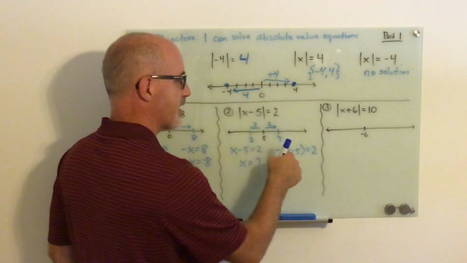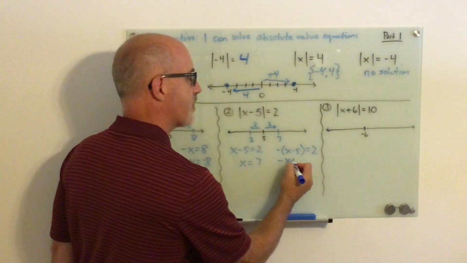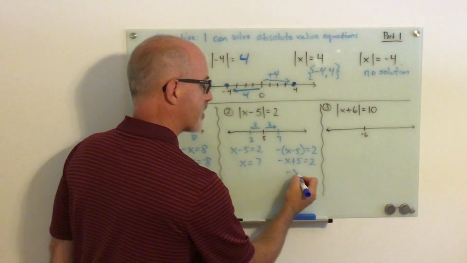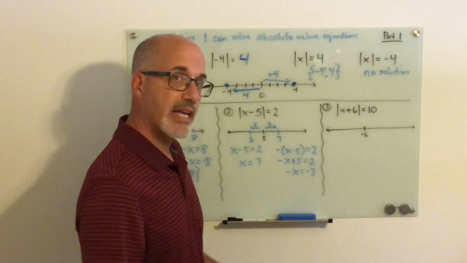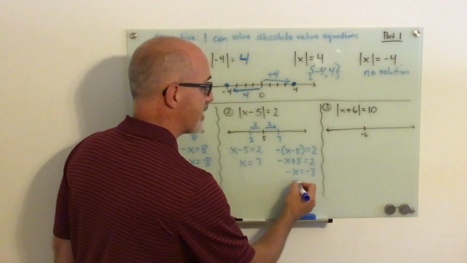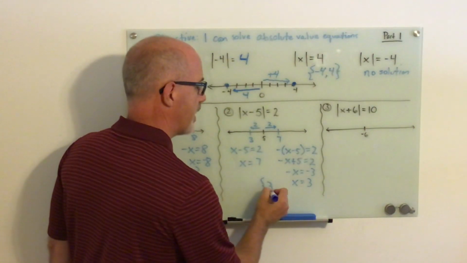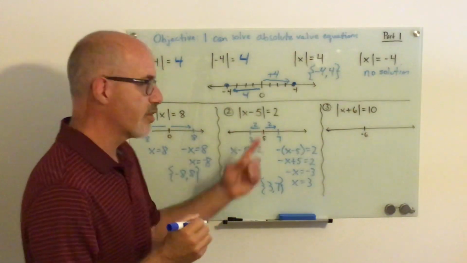So the opposite of this, I'll put it in parentheses. So I get the opposite of x minus 5 equals 2. Add 5 to both sides. The opposite of x equals negative 3. And now I multiply by negative 1 on both sides, and I get x equal to 3. So I get my two answers of 3 and 7, which we saw represented as 2 units away from 5 on the number line.